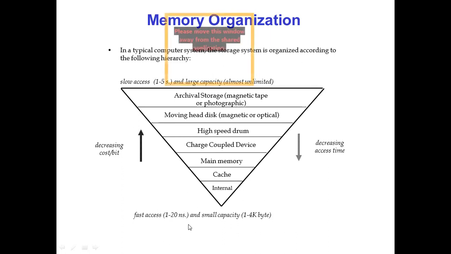So if there is fast accessing of the memory, then the time must be around 1 to 20 nanoseconds. And if we talk about slow accessing of the memory, then it is 1 to 5 seconds.